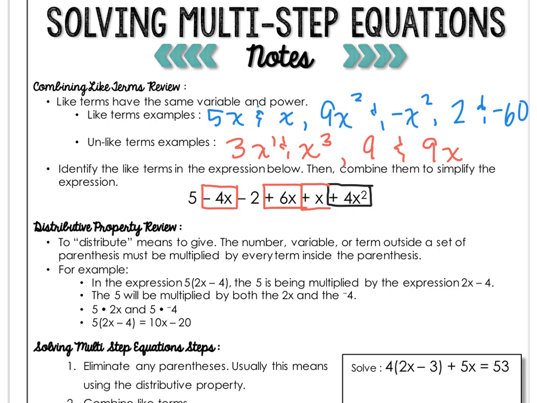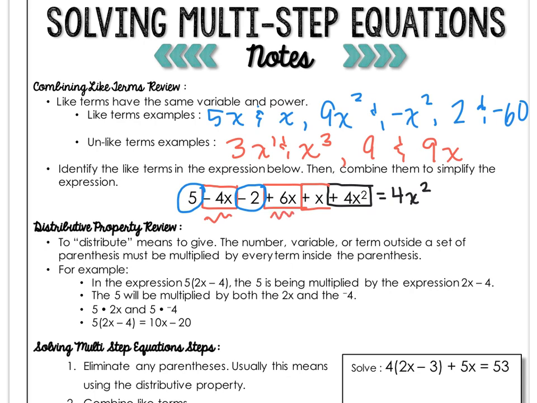And then last I have my constants. I've got a 5 and a negative 2. So when we combine like terms, 4x squared is the only term like it, so that's going to come first. And then my x's, I have a negative 4x and positive 6x.